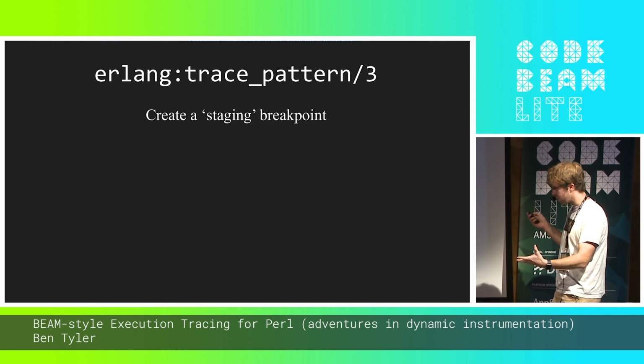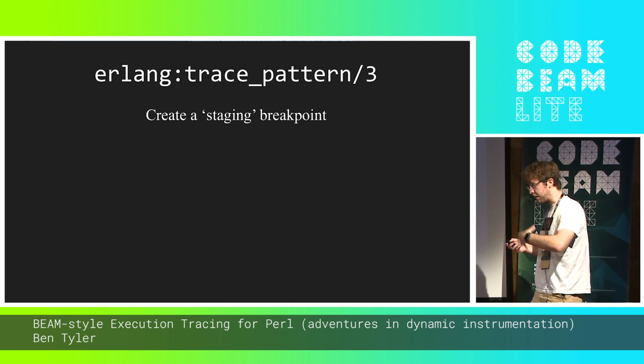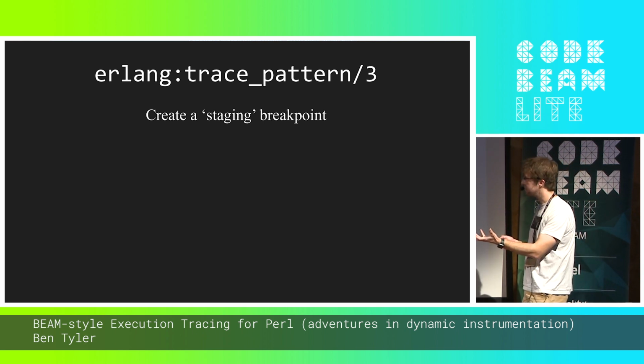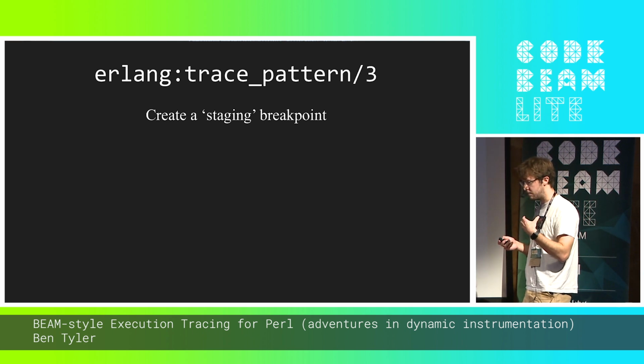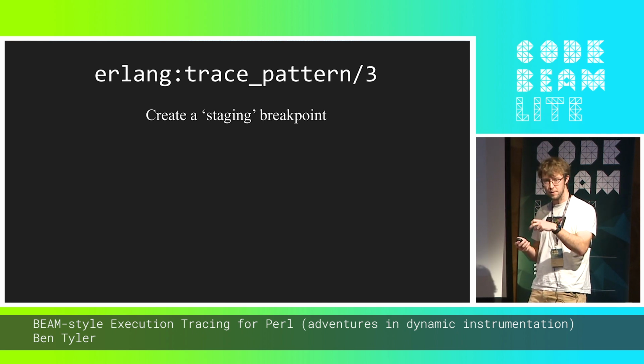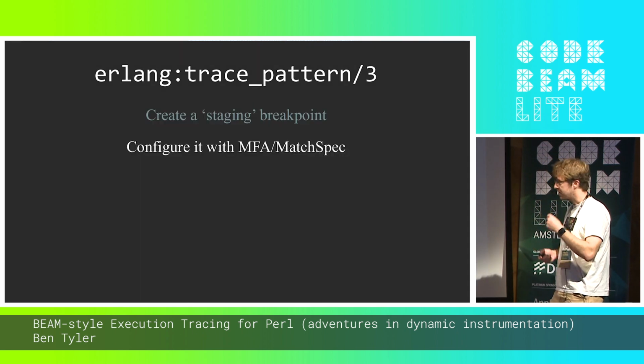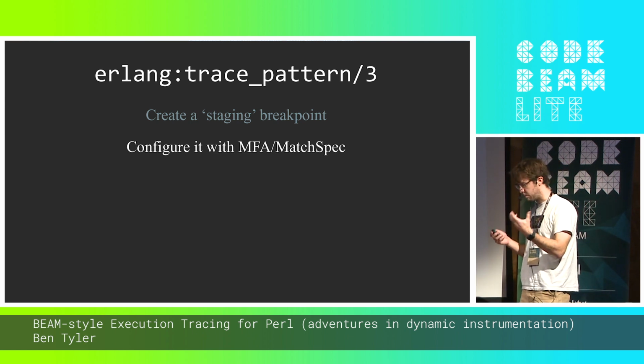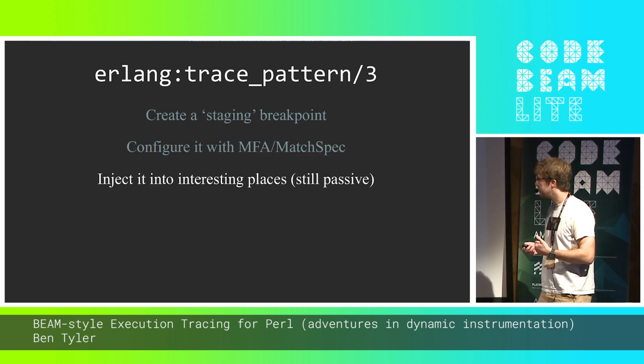The way this flow works, which I think is really cool, is a breakpoint struct is allocated, but it's allocated as a staging breakpoint. So it's not in the hot path, even if the pointer is attached to the process that is being traced. It's configured with the module functionality that it's targeting, with the match spec that's deciding what you do when you actually hit that function.